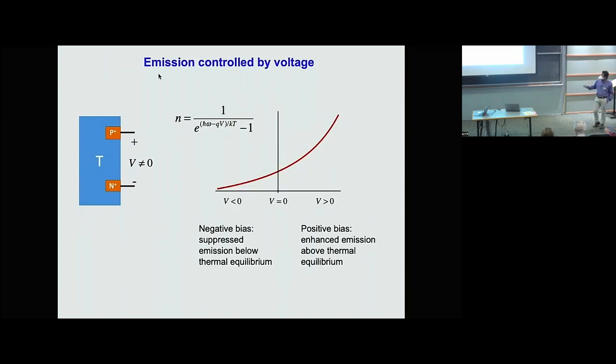First of all, naturally, at the same temperature, by adjusting the voltage, you can either enhance or reduce thermal emission. If you apply a positive bias, you can enhance emission above thermal equilibrium. And if you apply a negative bias, you can suppress emission below thermal equilibrium.